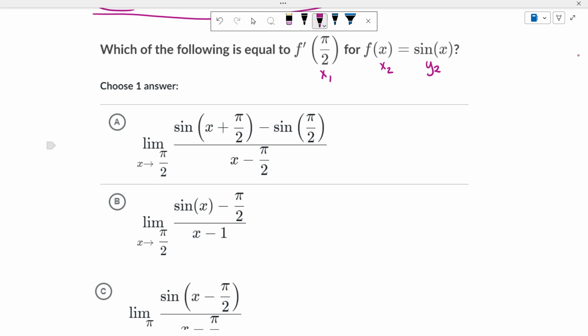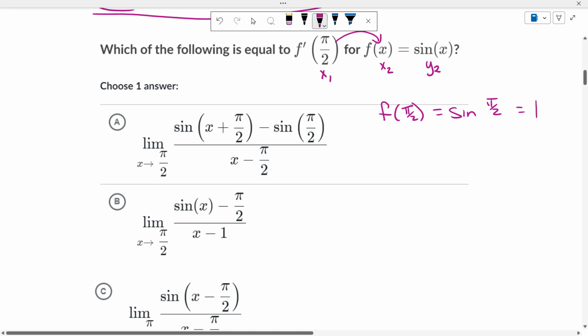Well, to find y1, you put x1 in here. f of pi over 2, which is the sine of pi over 2. What's the sine of pi over 2? 1, right? So basically this is x1, and this is y1.